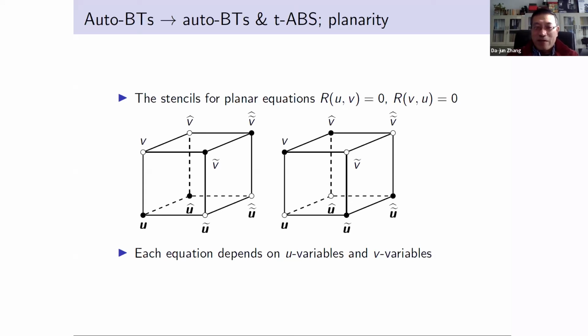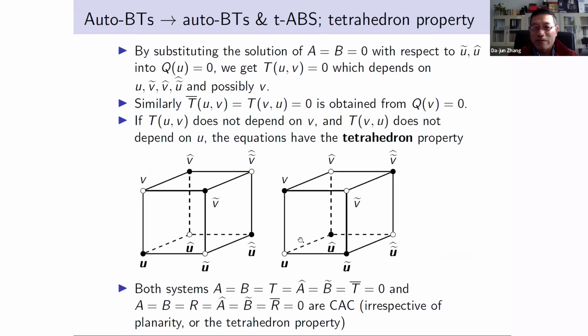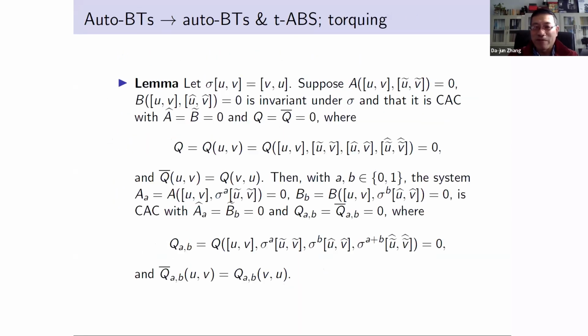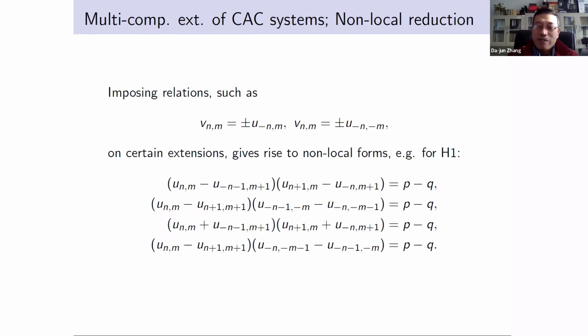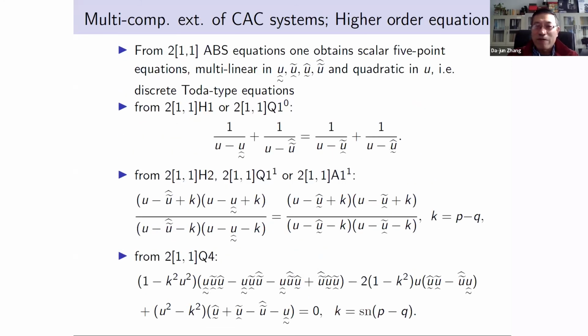And we have 2-component ABS equations, and by eliminating one component, we can get 5-point equations or 6-point equations. I remember that all of those 5-point equations are nothing but the Adler's classification for total type equations, exactly the same. Yeah, absolutely. I think we mentioned that in our paper.